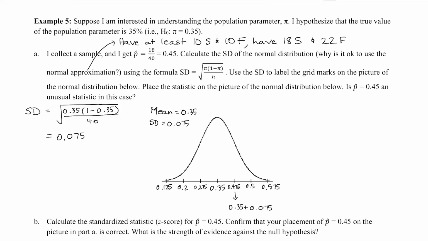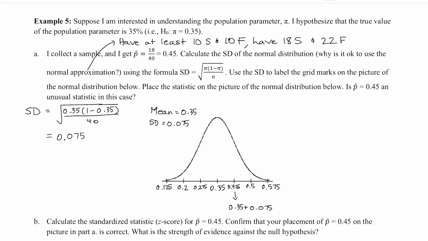So to get to each of these grid marks, I either add or subtract one standard deviation from where I was previously.